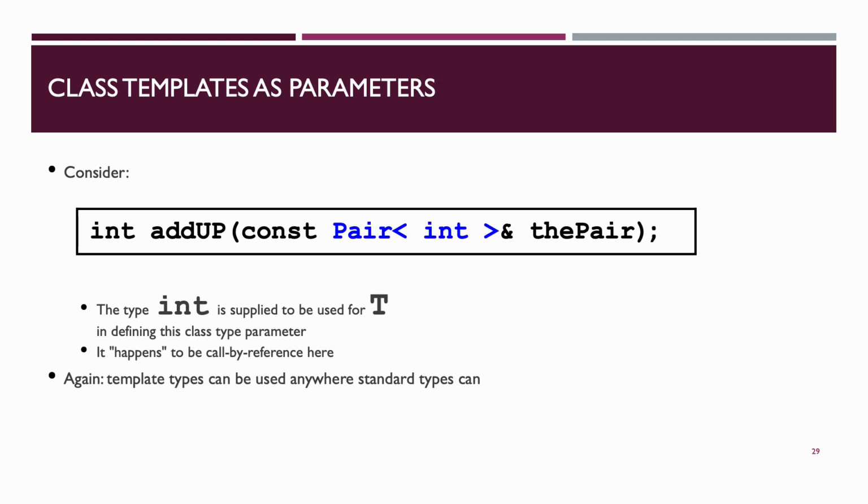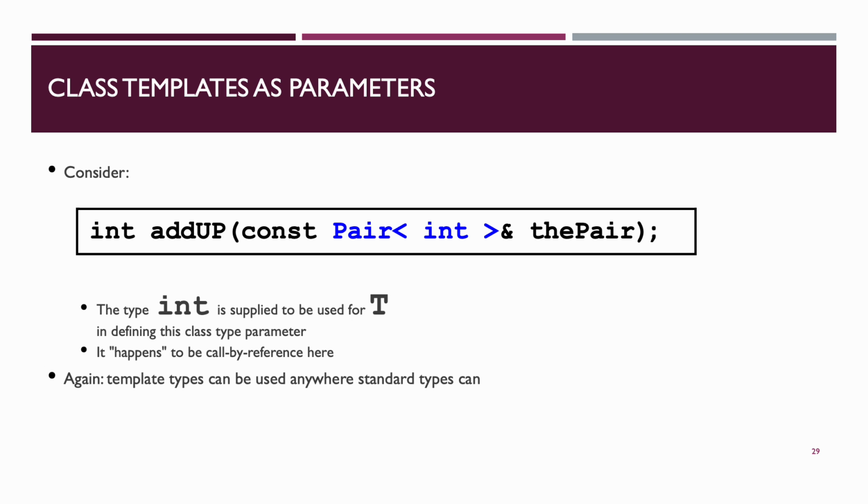So let's consider the addUp function, which takes a parameter of type Pair<int>, which is a class template where the type T has been specified as integer. The type int is supplied to be used for T in defining this class type parameter.